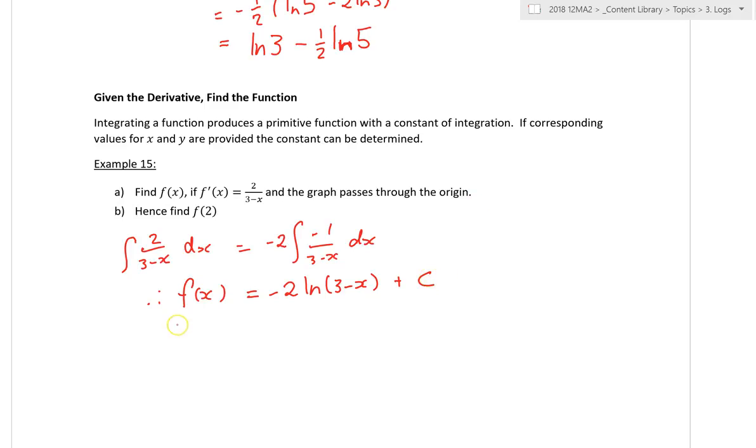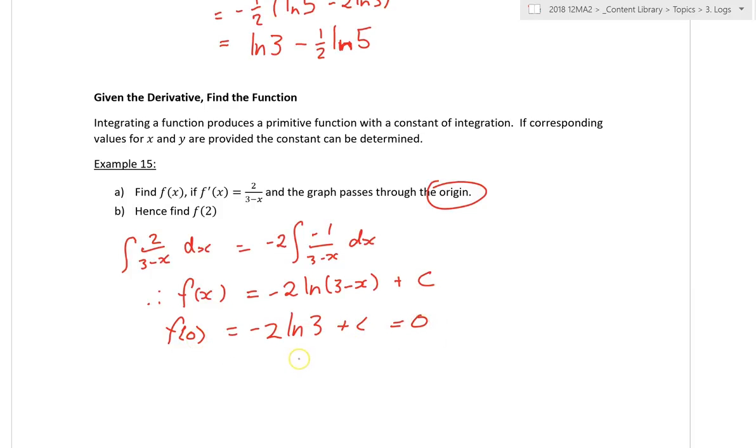I do know that it passes through the origin, so function of 0 equals negative 2 times the log of 3 plus a constant, and I know that's equal to 0, right, because it passes through the origin. Function of 0 equals 0.